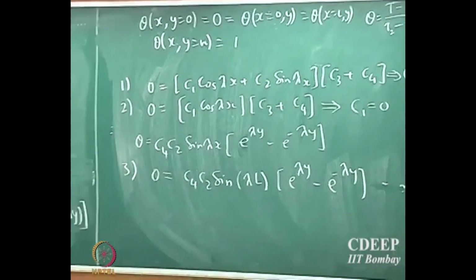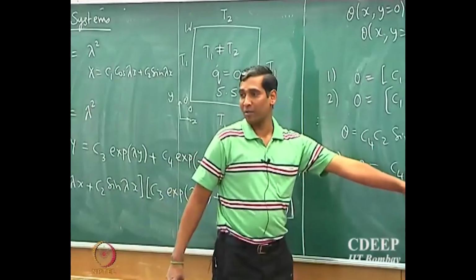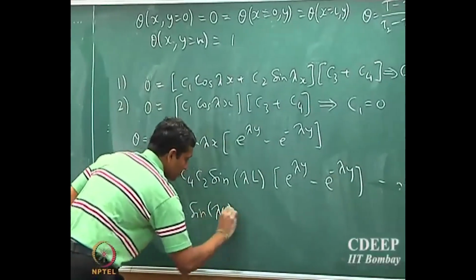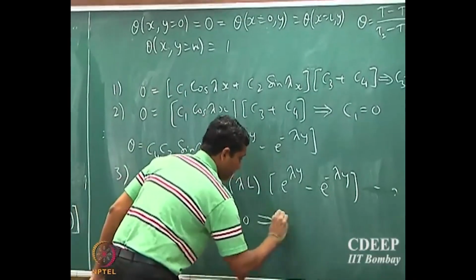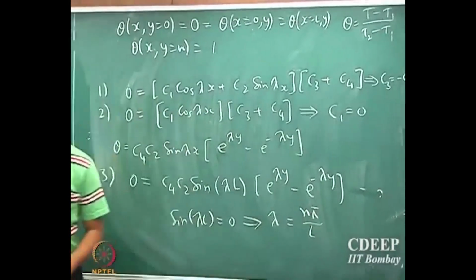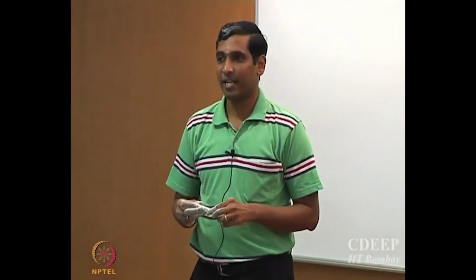You know that theta is not 0. Therefore sin lambda L is the one that has to be 0. So sin lambda L equal to 0 means lambda equal to n pi by L. What is the value of n? Integer, any integer except 0. Why?